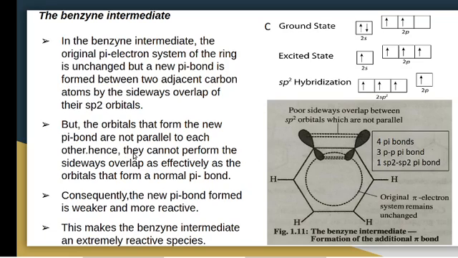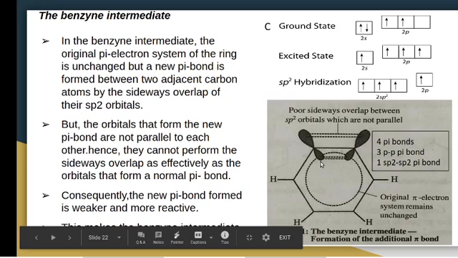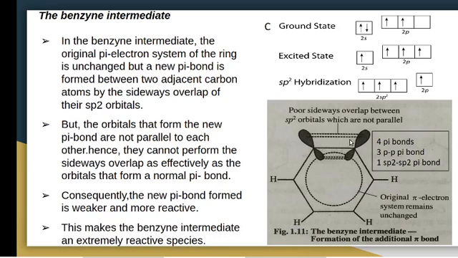So they cannot perform the sideways overlap as effectively as the orbitals that form a normal pi bond. In order to form a normal pi bond, there should be effective overlapping between orbitals. In this case, the effective parallel overlapping is not possible. So there is a poor overlap between these sp2 orbitals in forming a pi bond.